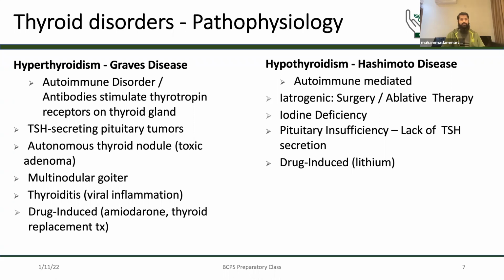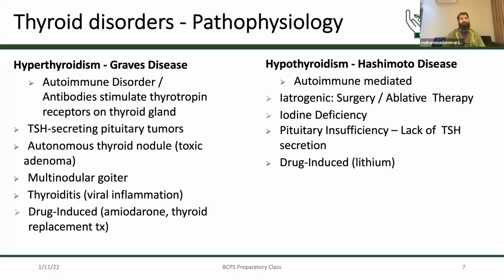As we already discussed, thyrotropin is thyroid stimulating hormone. So antibodies stimulate the thyroid stimulating hormone receptor. That's why the thyroid gland secretes a lot of T3 and T4. So keep in mind, what would be the effect on the TSH levels?